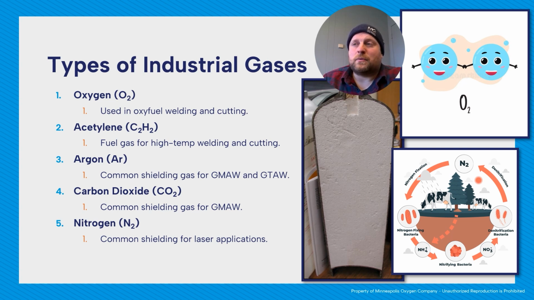This is one of the reasons why there are certain draw rates and PSIs that you can pull off an acetylene cylinder, because if you go above what is recommended as far as the rate that you're pulling acetylene off, you can start to pull acetone into your system, which is a big problem.